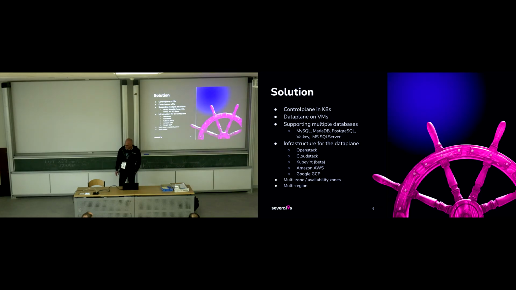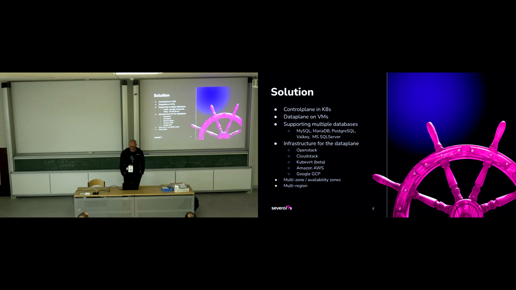So we created CSPs, and we decided from the beginning to run the control plane inside Kubernetes, and the data plane is currently on VMs. We support the most common open source databases.